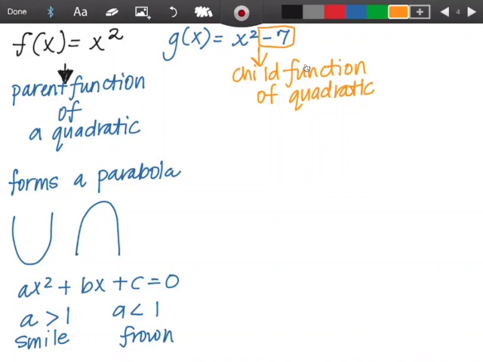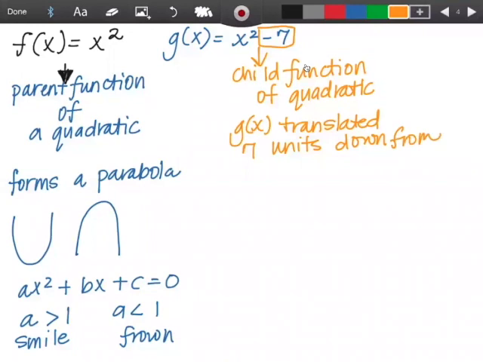So if I were to ask what change took place, you would say g of x translated 7 units down from f of x.